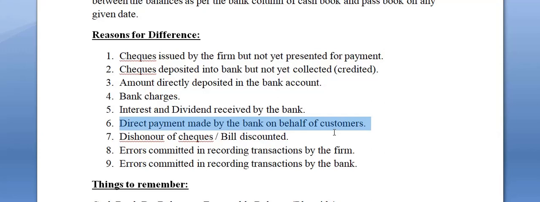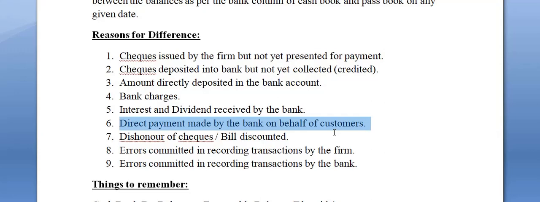Okay, if you are a busy person, and you forget to pay your electricity bills, your phone bills, your EMI or installment payment, or maybe the charges for Wi-Fi connection, etc. So if you are a busy person, then you will instruct the bank that the payments should be paid on your behalf on a particular date.